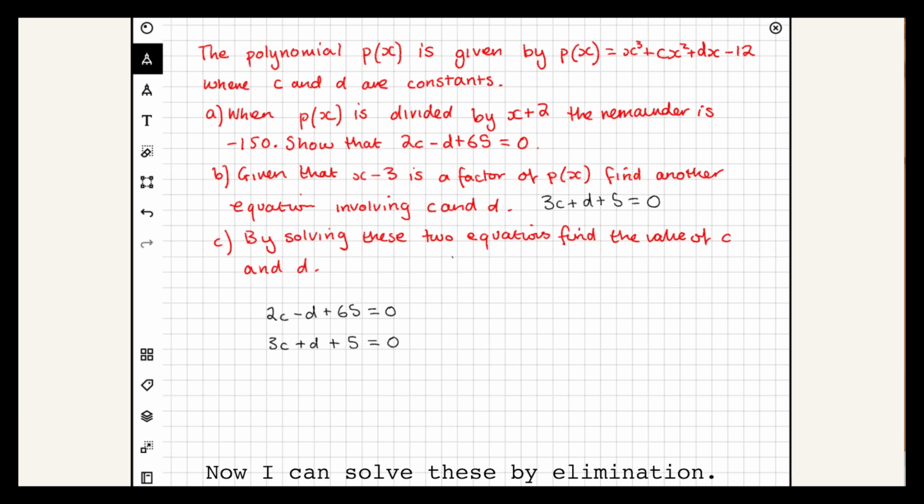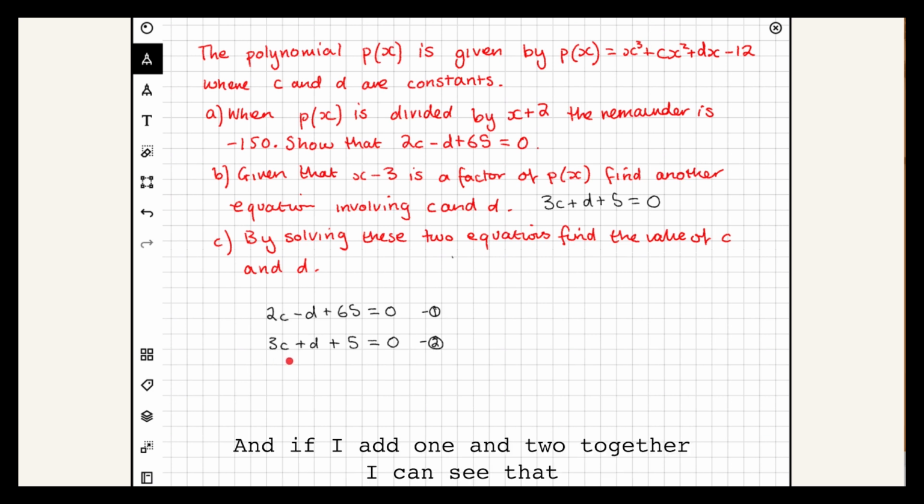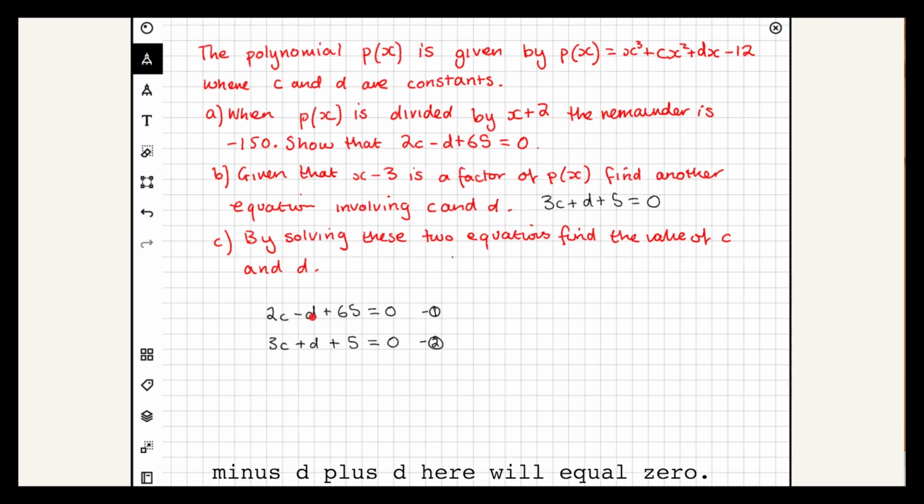Now I can solve these by elimination. I'll label them 1 and 2. And if I add 1 and 2 together, I can see that minus d plus d here will equal 0. So I will eliminate the d term. So 1 plus 2 will be 2c plus 3c is 5c.